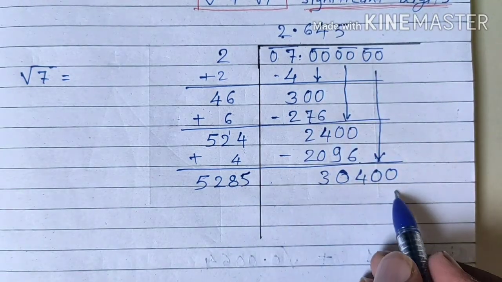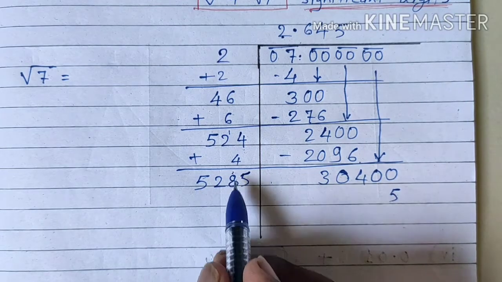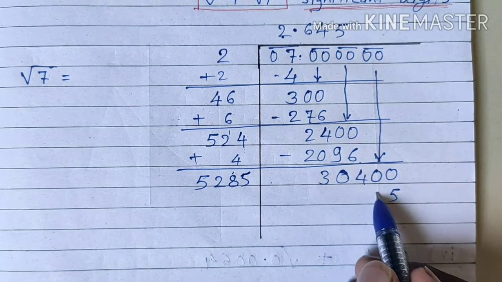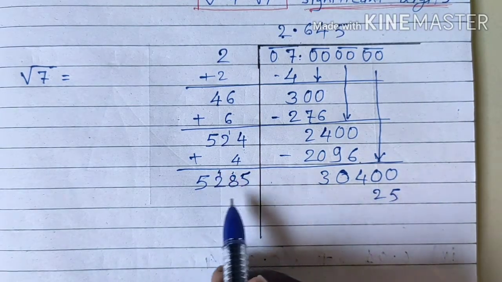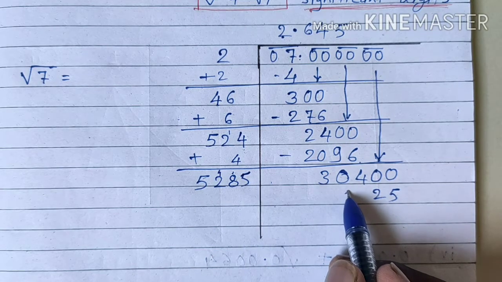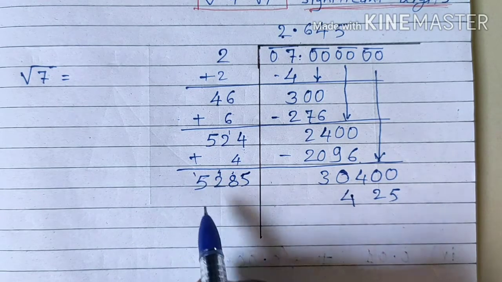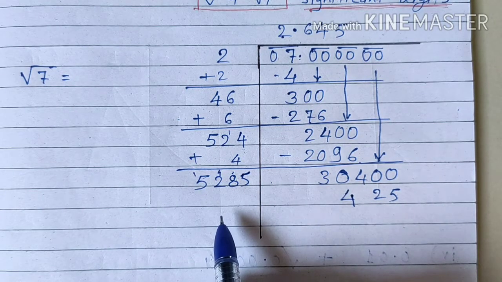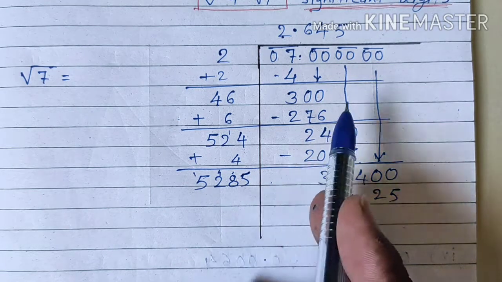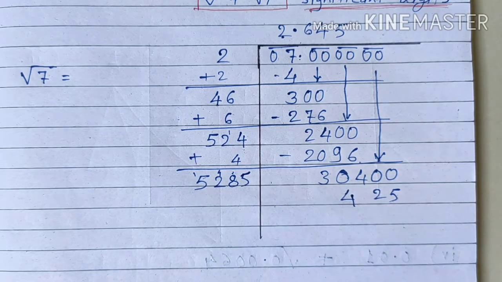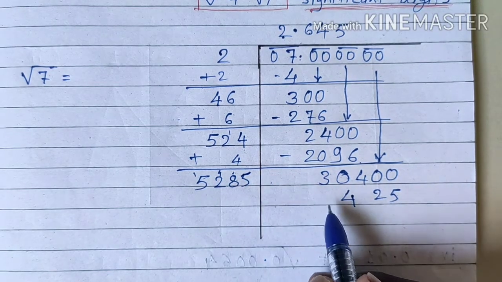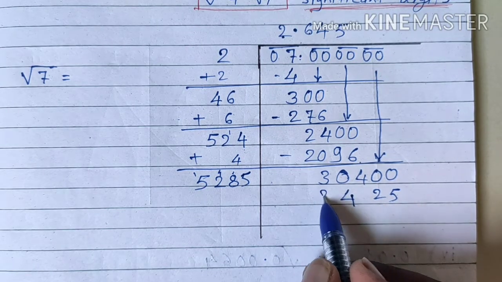So 5 5s are 25, 2 carry, 5 8s are 40 plus 2, 42, 4 carry, 5 2s are 10 plus 4, 14, 1 carry, 5 5s are 25 plus 1, 26.